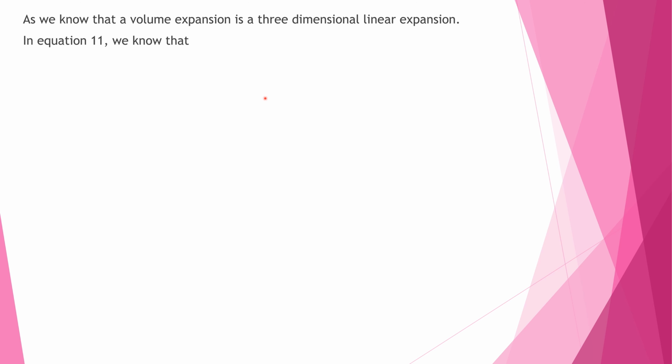So using the final expression we derived in linear expansion for the final length of a rod, I can say that the final length of the cube will be L naught into 1 plus alpha delta T, the final width of the cube is W naught into 1 plus alpha delta T, and the final height of the cube is H naught into 1 plus alpha delta T.